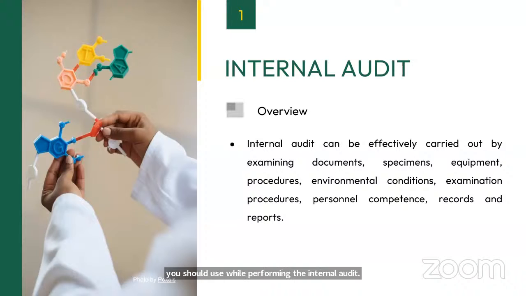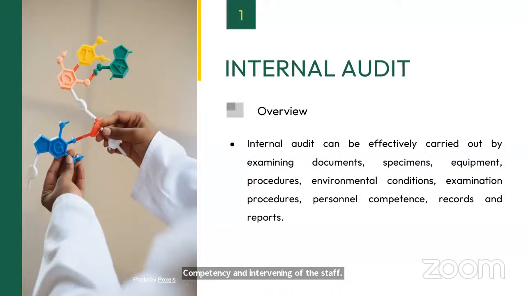It should not be based solely on observations. It should not be based solely on oral communications, and it should also not be based solely on review of documentation. So it should be a combination of your observations, and a combination of reviewing the documents. It should be observations of competency and interviewing of the staff as well as the personnel who are working in the laboratory.